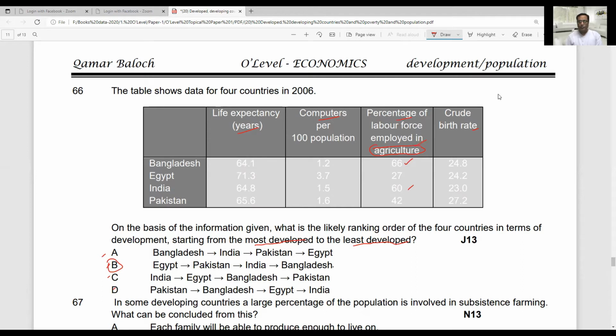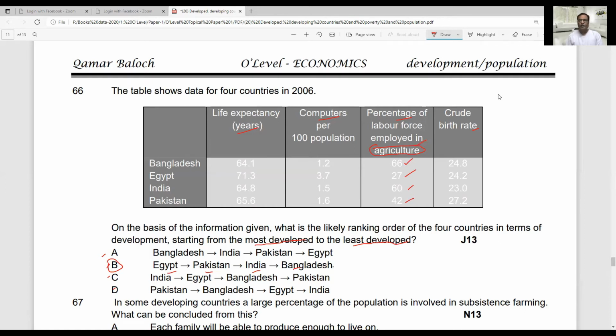And we can see in option B, before Bangladesh, we have India. And afterwards, you can see that Pakistan has more reliance after India on the agriculture sector. So Pakistan should be less developed as compared to India. And Egypt is relying least on agriculture out of these countries. So it is the most developed out of these 4 countries. So option B is the correct answer.